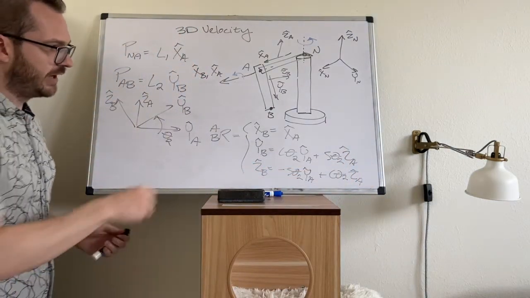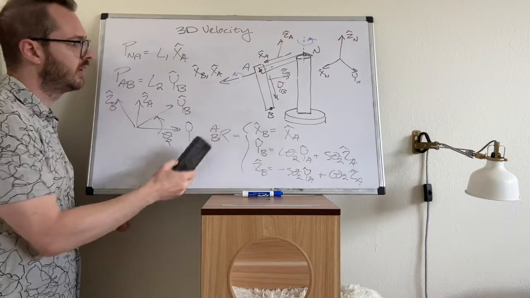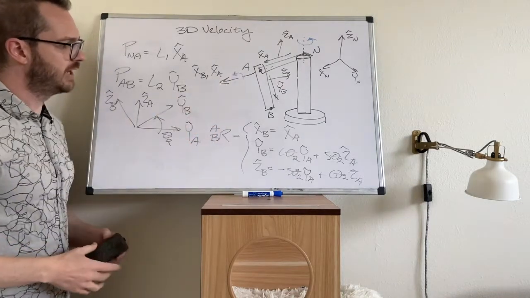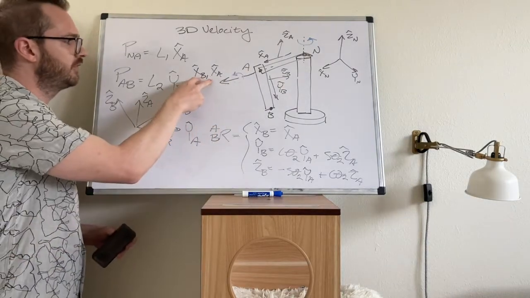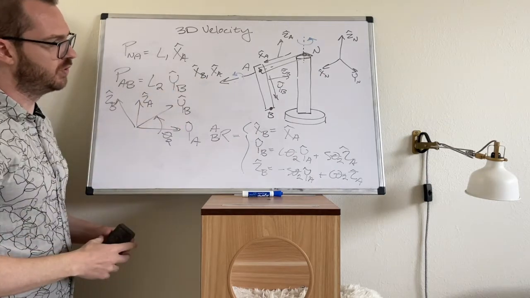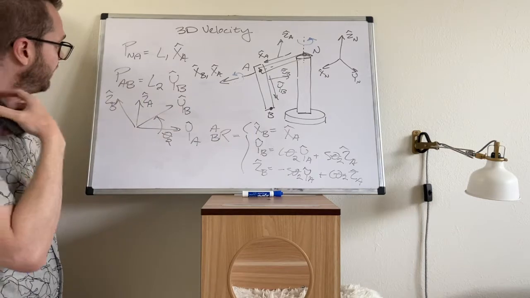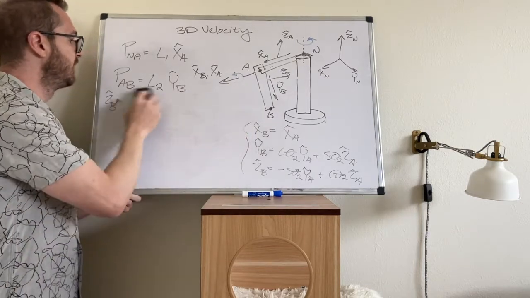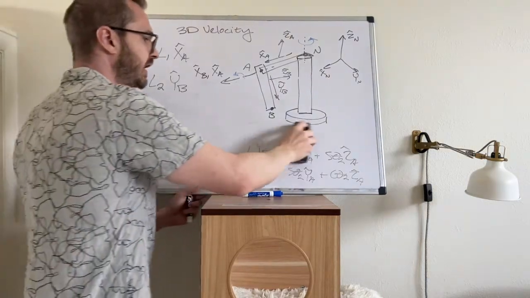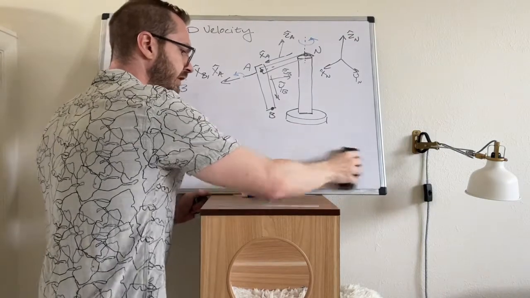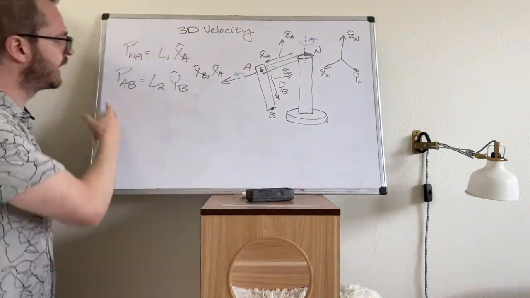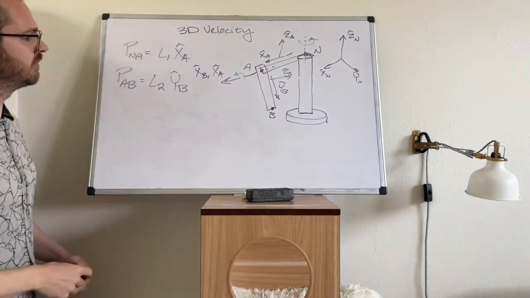So there's our rotation from A to B. It's a relative angle around this moving XA axis. So we've got all of this now in our notes. This defines the rotation of those two frames. We can write down the location description for body A and body B.